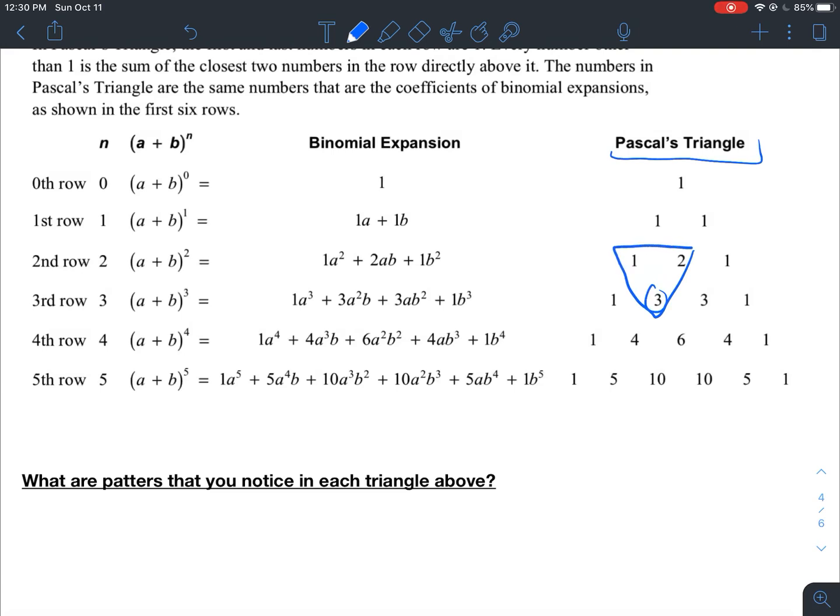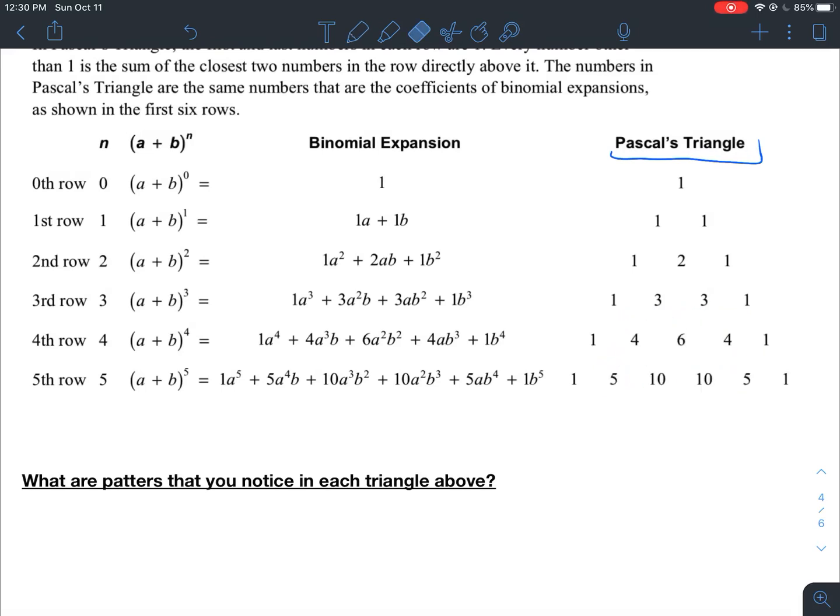Let's look at the two numbers that are above it. 1 plus 2 is 3. So do you notice that each number on the inside is just the sum of the two numbers above it? Do you guys see that pattern? So there is a pattern even for the coefficients of these right here.